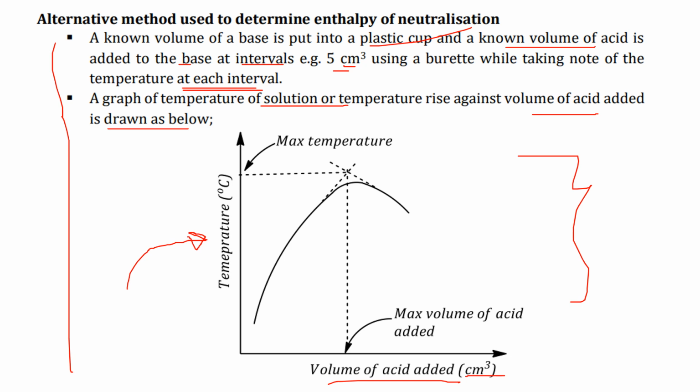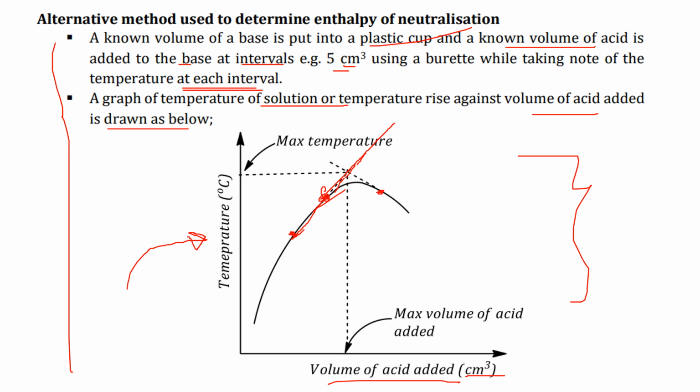To get the maximum steady temperature, which is used for the enthalpy of neutralization, you extrapolate your graph by getting two plotted points. It's like drawing a line of best fit. From this side, you get 2 plotted points that are on the same line, near the peak, and then you extrapolate them using a dotted line.